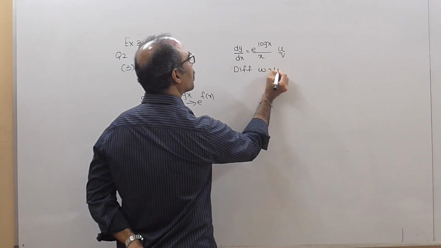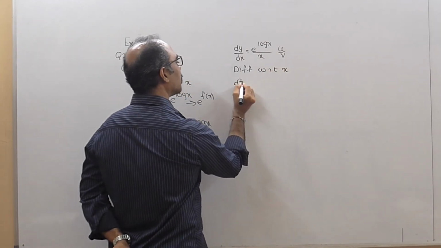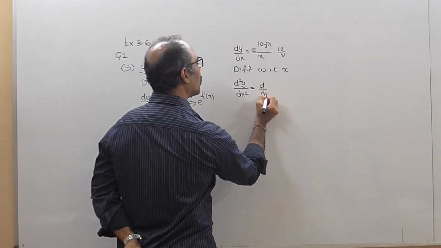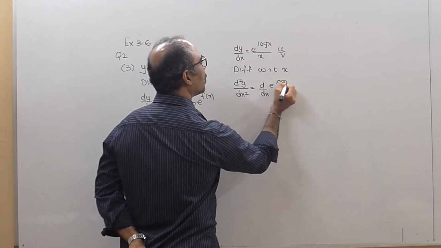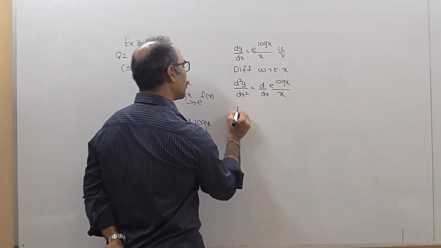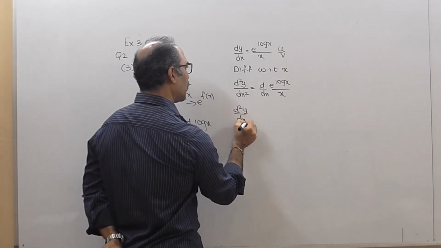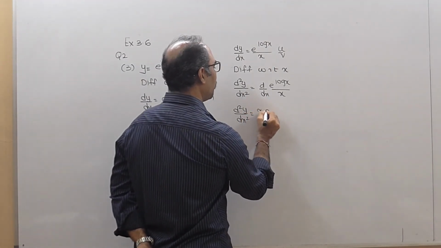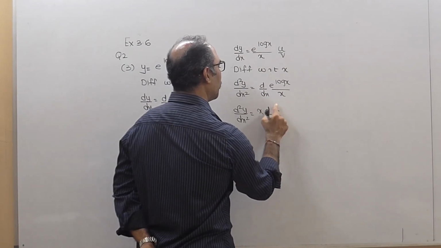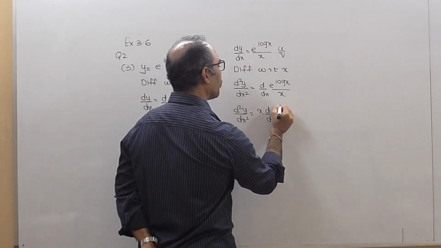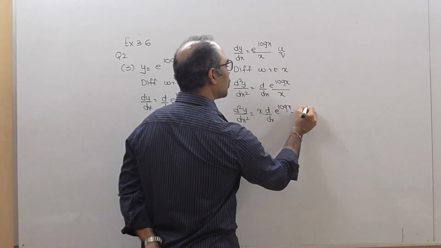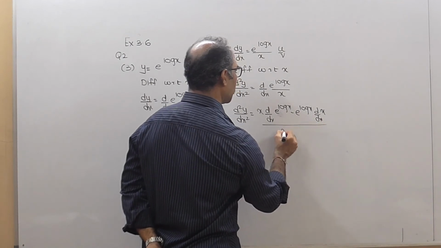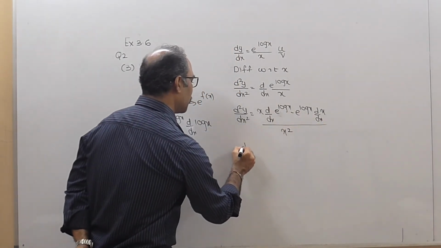Differentiate with respect to x, d square y upon dx square equal to d by dx of e raised to log x upon x. You have to use the u by v rule: d by dx of u by v is v d by dx of u minus u d by dx of v, the whole upon v square.